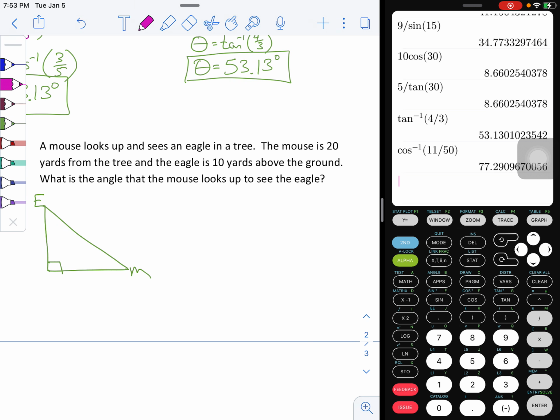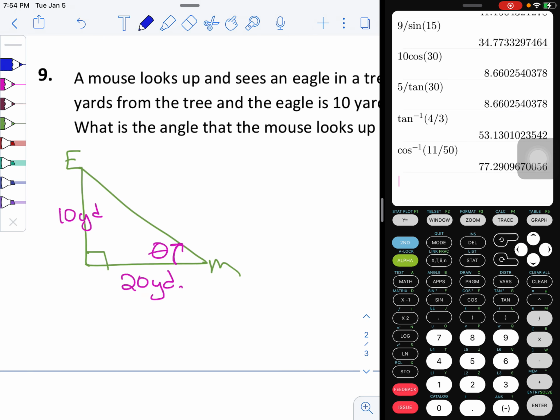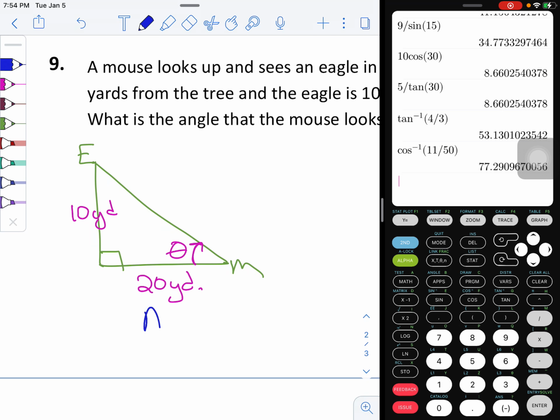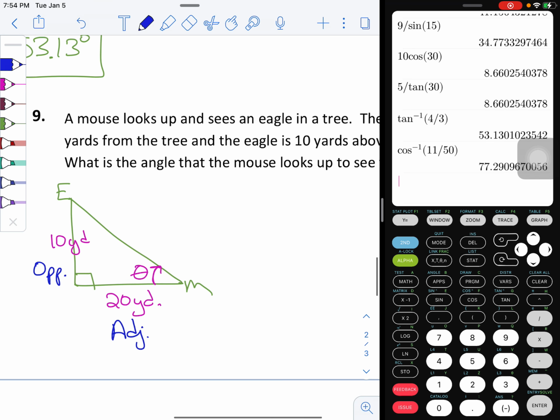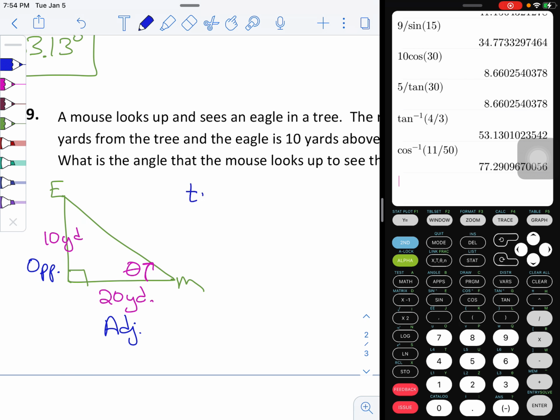But I do need to fill in the information that's given to me. A mouse is 20 yards from the tree. The eagle is 10 yards above the ground. What is the angle that the mouse looks up to see the eagle? So that's this angle right here. Based off of my pretty little picture, I know this is adjacent. I know this is opposite. So we are talking about tangent.